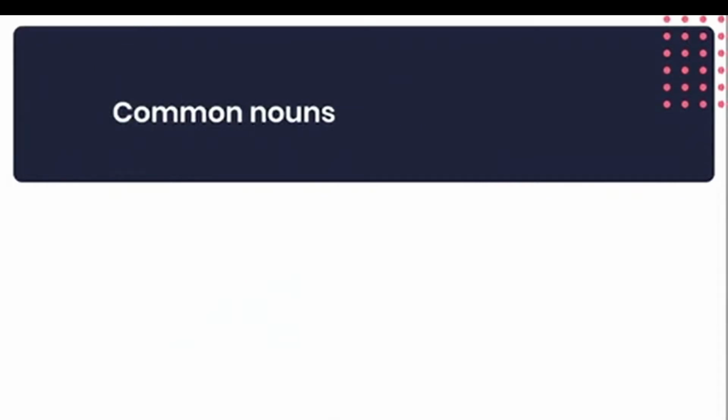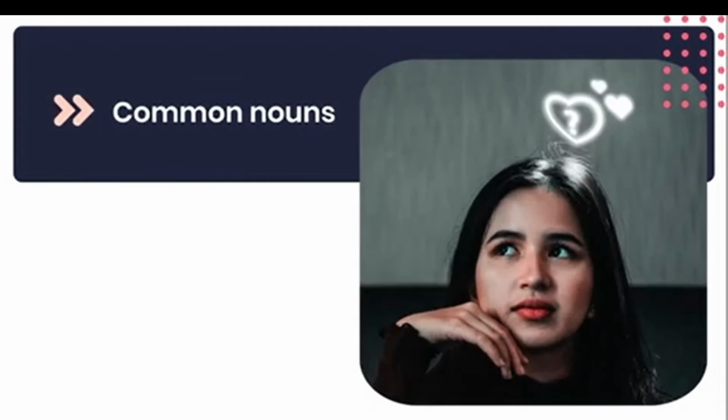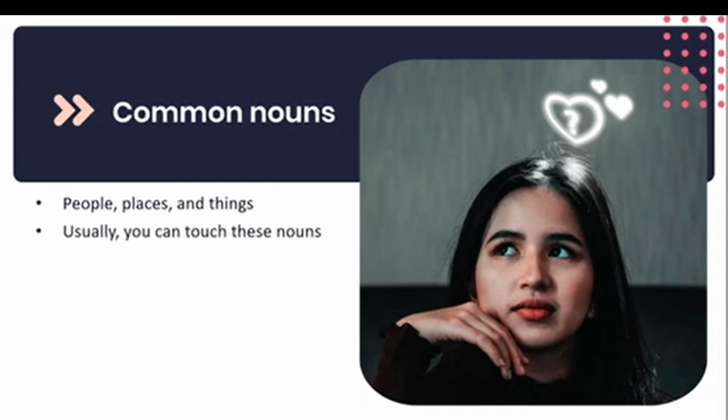Firstly, we have the most uncomplicated type of noun, common nouns. Common nouns represent people, places, and things. Usually, you can touch or see these nouns.